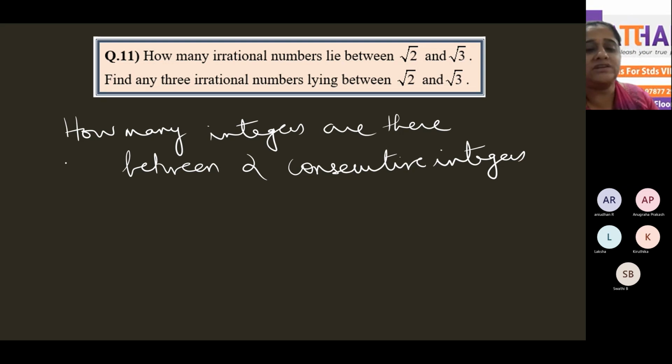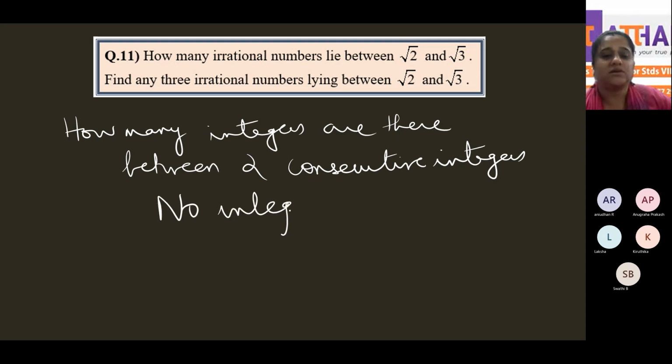Online students, how many integers are there between two consecutive integers? Online students, Aniruddhan, Swati, Laksha, and Anugrah. There is no integer. Correct.